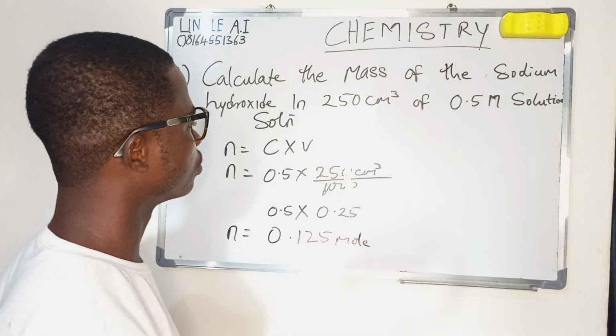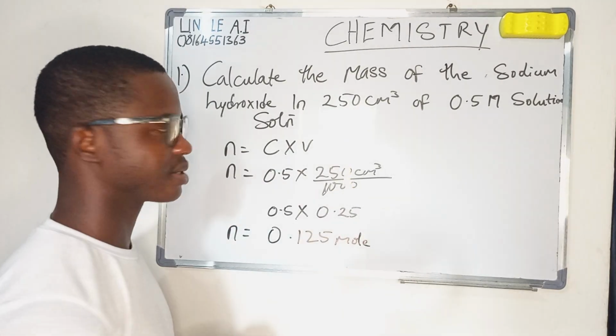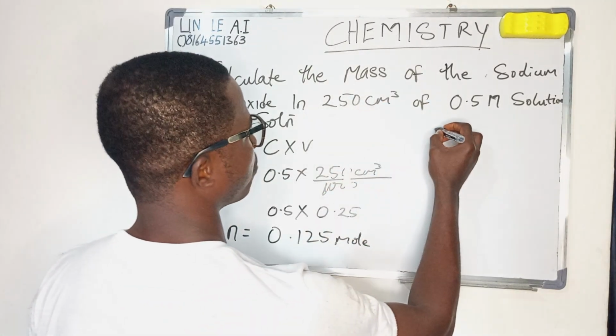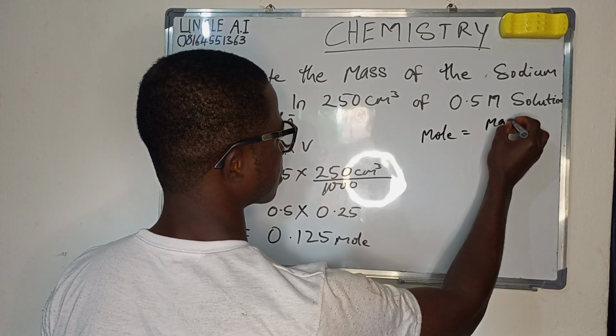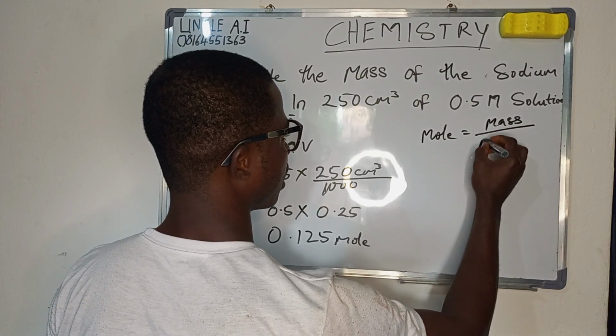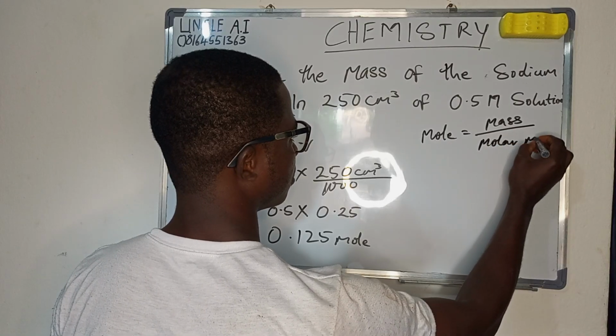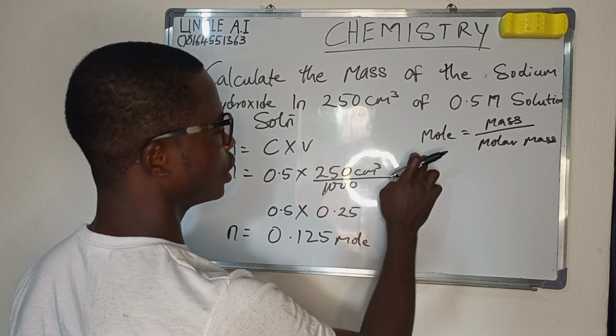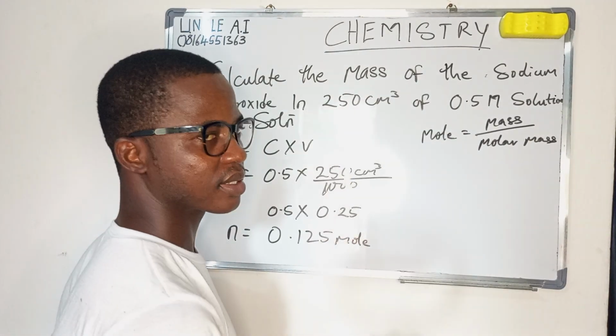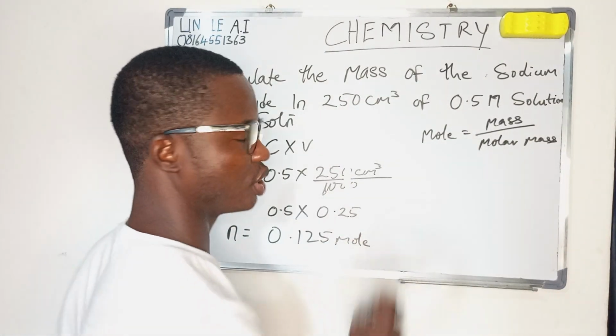Then step 2, to get the mass, mole is equal to mass all over molar mass. Since we have known the mole, you are looking for the mass and you don't know the molar mass yet.